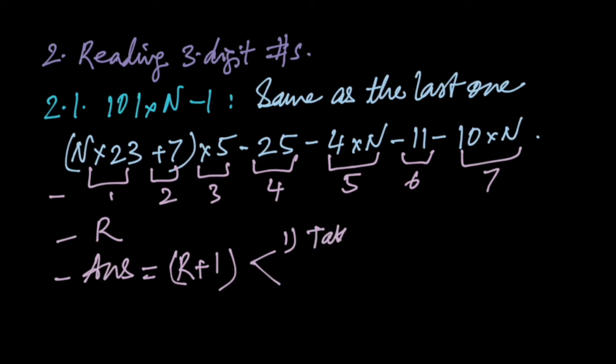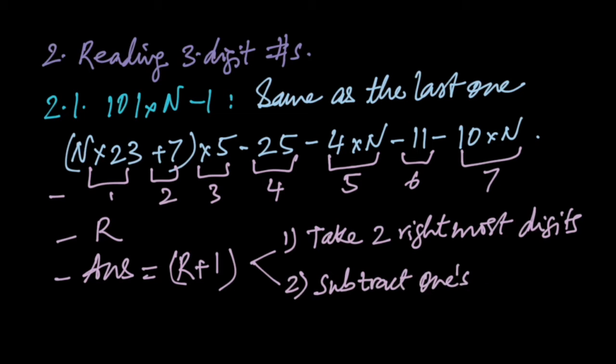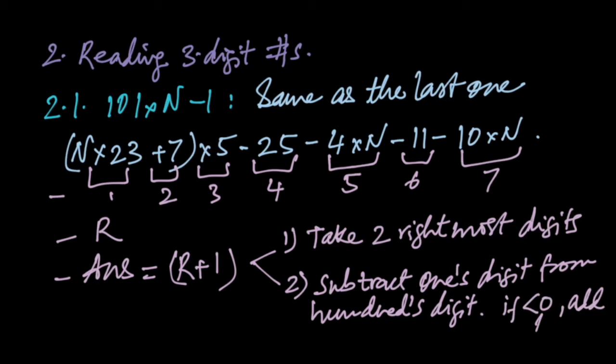Here when we get the answer, we add 1 to it, and now we have 2 parts. First we take the 2 rightmost digits, then we subtract the 1's digit from the 100's digit, and if it is less than 0, then we add 10 to it, and that is our third digit, which is the 100's place. So let's do an example.